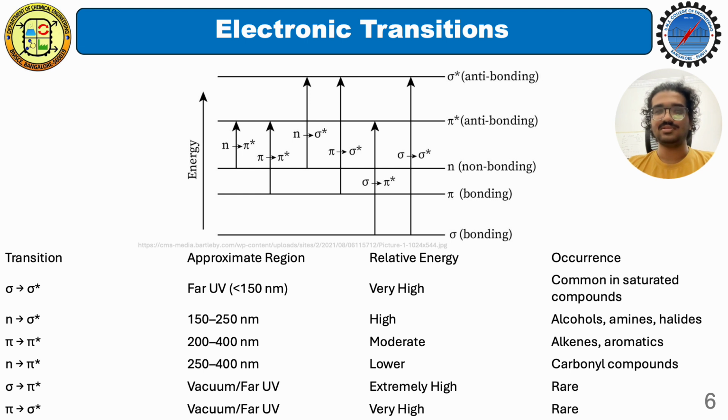And these electronic transitions help us to identify the type of molecules in which the different types of bonds are present. Single bond molecules have only sigma bonds, which would characterize sigma to sigma star transitions. Similarly, the other types of transitions and their energy requirements are present on the screen.